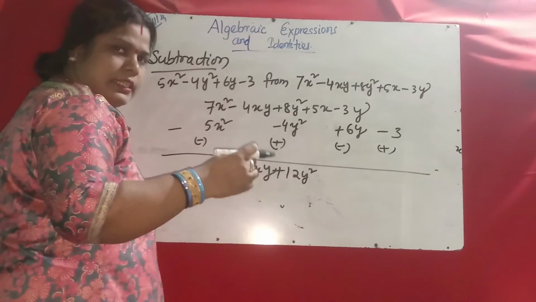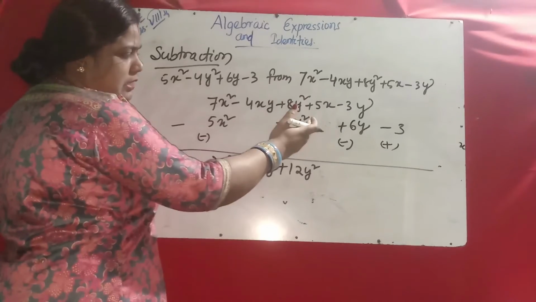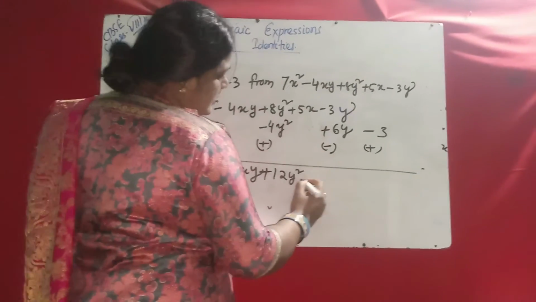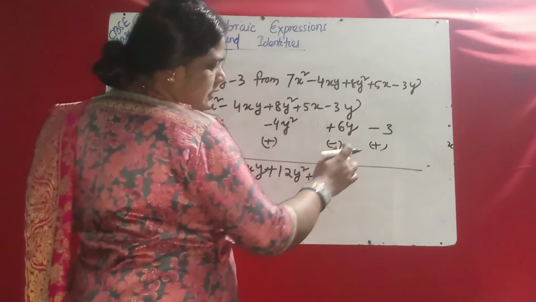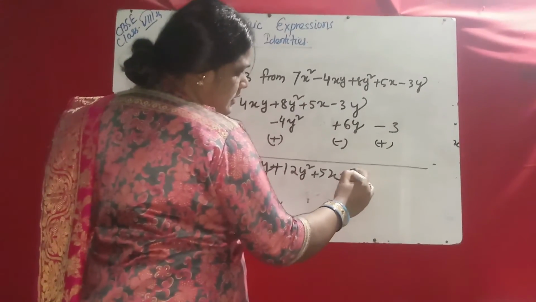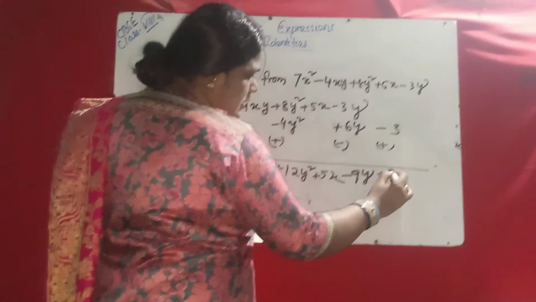Variables will be same, the constants will be added. Then 5x. Again plus 6y, change it to minus 6y: minus 3y minus 6y is minus 9y. Then minus 3, change it to plus 3.